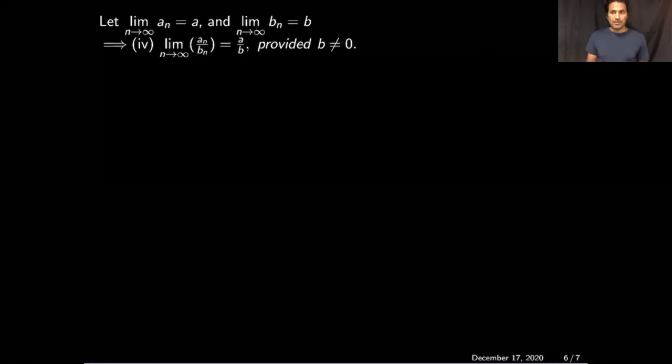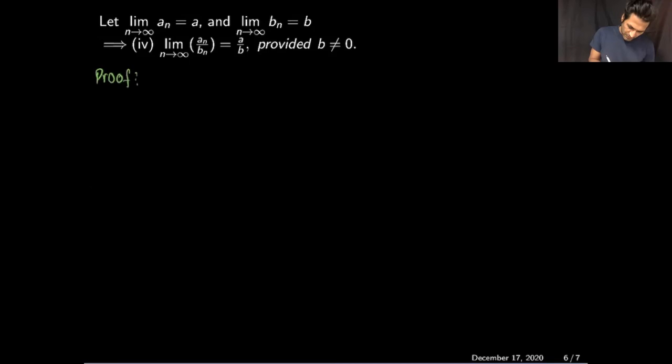Now, next we prove the last and fourth part of our theorem, which says that the limit of the sequence an divided by bn is equal to the limit of an divided by the limit of bn. So I'm going to start the proof. Proof. The limit as n approaches infinity of an divided by bn can also be written as the limit as n approaches infinity of an times 1 over bn.